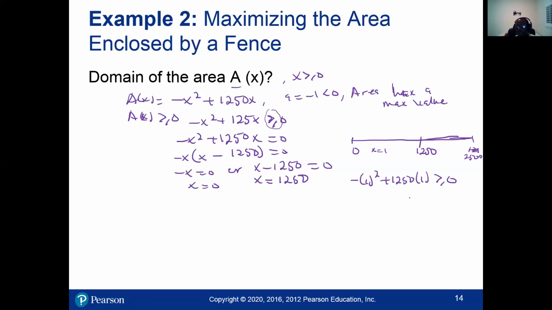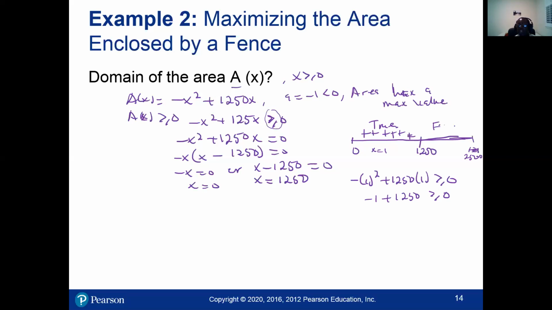Is it greater than or equal to 0? Well, you have minus 1 plus 1250, which is greater than 0. So this is true. It is positive, so that is true. Now, if you pick anything after here, it's going to be negative. It is false.